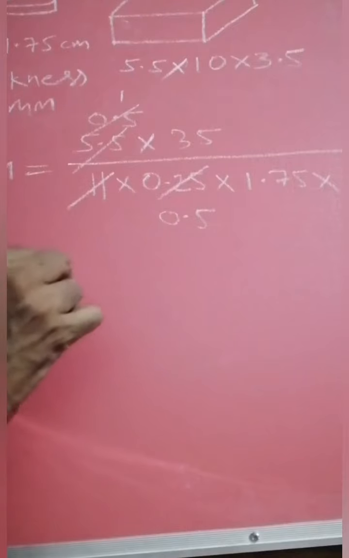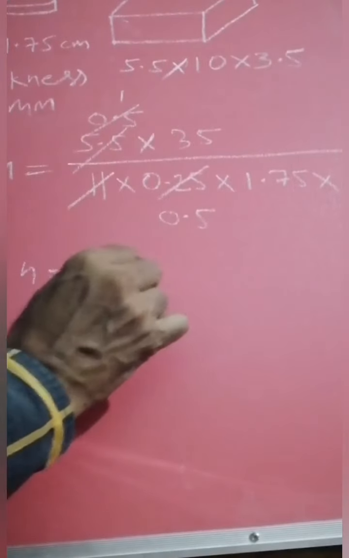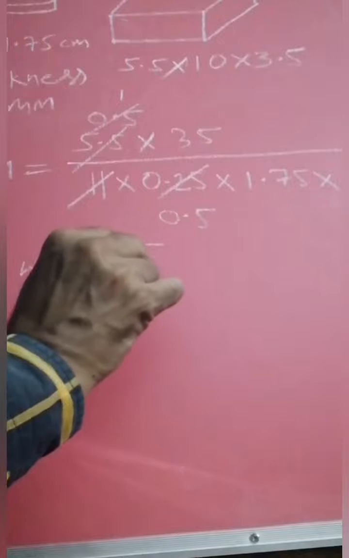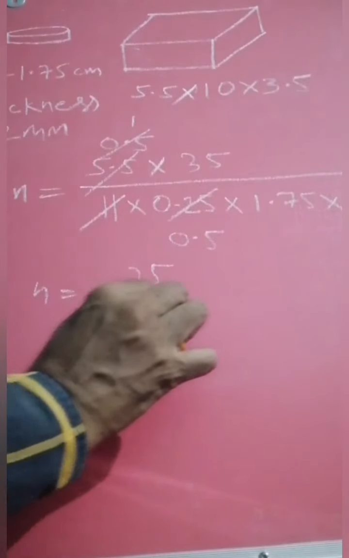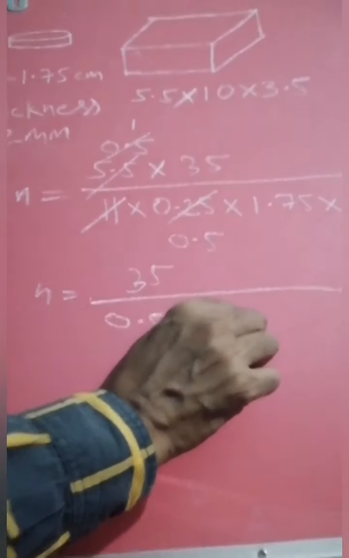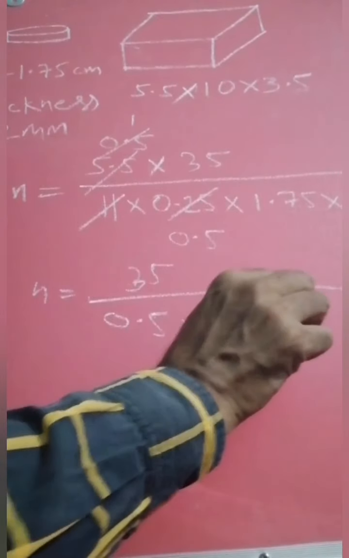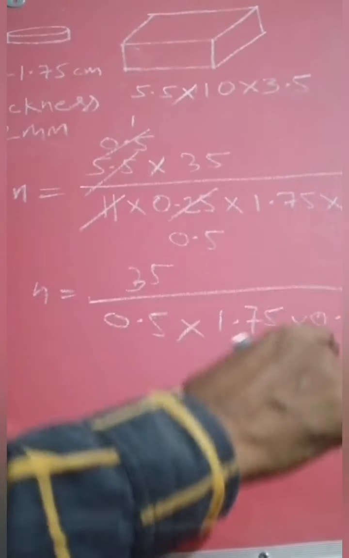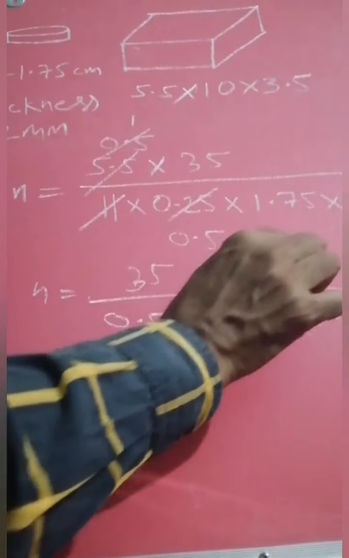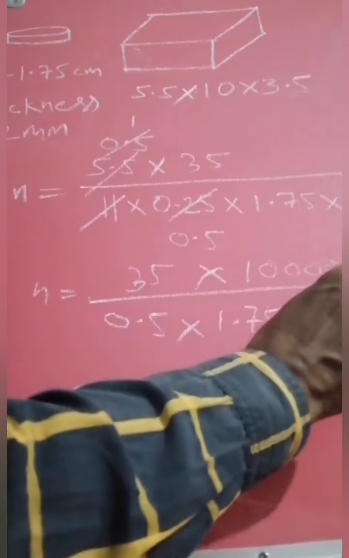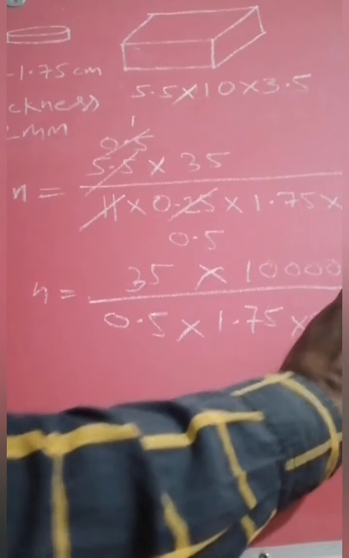So now n is equal to 35 by 0.5, 1.75 into 0.1. The decimal places in the denominator, 1, 2, 3, 4, are there. So I am multiplying numerator and denominator by 10,000 to remove decimals.